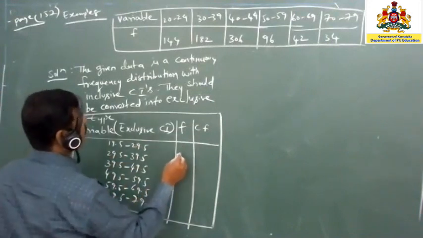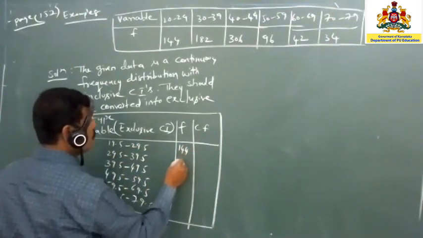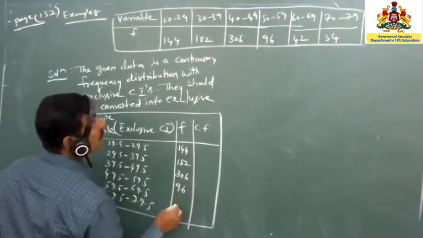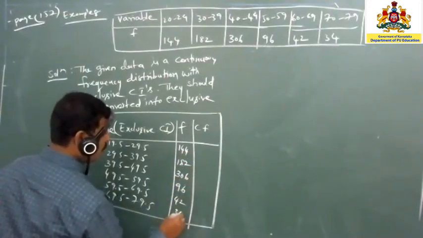Write frequencies as they are: 144, 182, 306, 96, 42, 34.